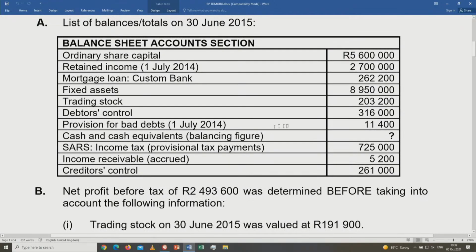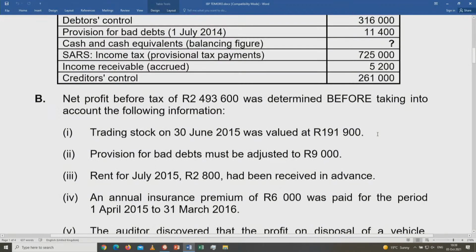But we have made a provision at the beginning of the year of 11,400, meaning we have provided more. If we have provided more, it means now the difference will be recorded in the income statement under other income, because now we have provided more.